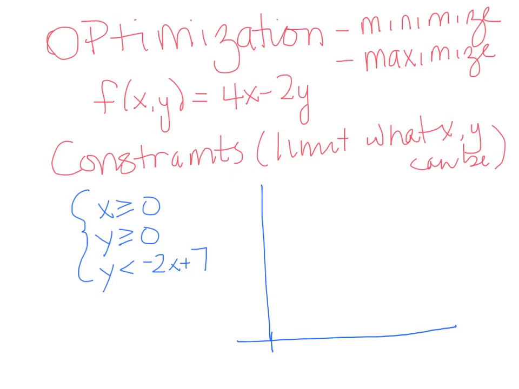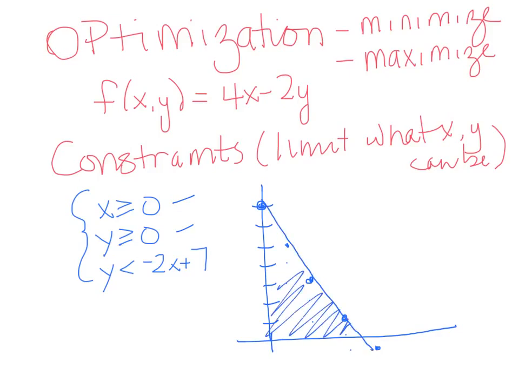I'm in the first quadrant, x is greater than 0, y is greater than 0, and then I have my last graph, 1, 2, 3, 4, 5, 6, 7. I'm going to go down 2 over 1. Oh yeah, I did that again. So I fill in the less than, and I have this.